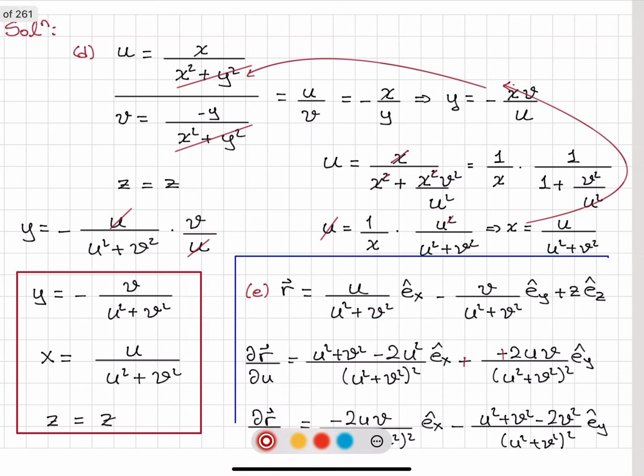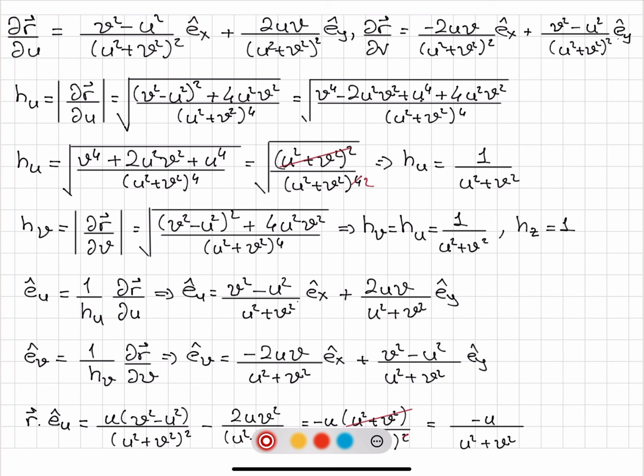Then I've taken their magnitudes, which is square root of x squared plus y squared. So x component squared, y component squared, and square root. That's what I have done. And I have seen that for both of these, I get the same scale factor, 1 over u squared plus v squared. The unit vector EU hat is 1 over the scale factor HU, which is magnitude of del r del u, multiplied by del r del u. So that's what I have done here, and similarly for EV hat.